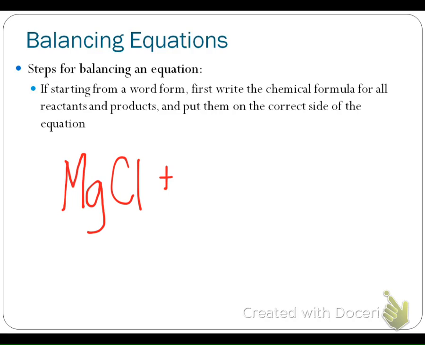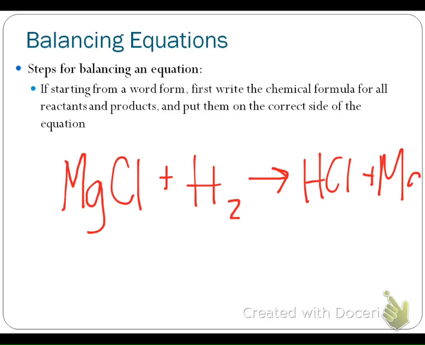If I say it reacts with hydrogen, that means I mean elemental hydrogen, which is H2, because hydrogen is one of our diatomics. If it yields hydrochloric acid, anyone know what the formula for hydrochloric acid is? HCl. Yeah, good. HCl and magnesium.